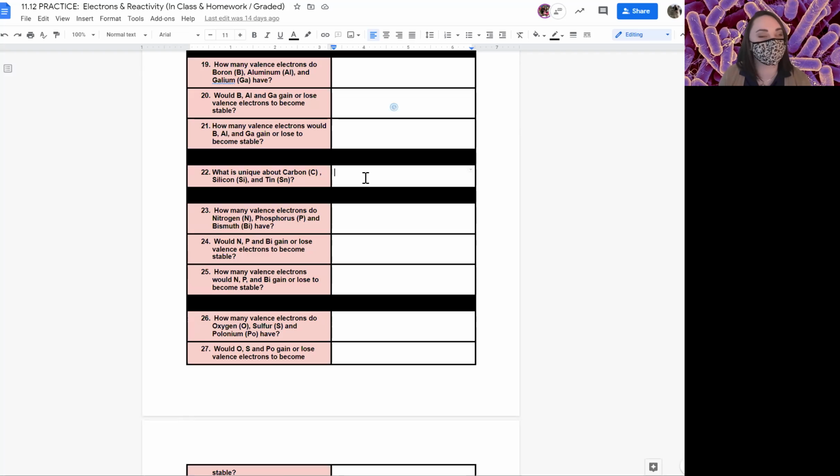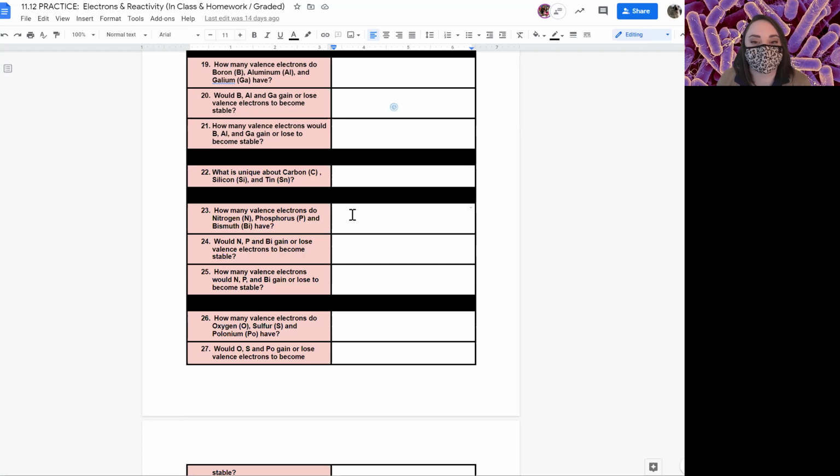And remember, when we're talking about these numbers, some of you may wonder why we have to lose or gain that many. Well, we need the outermost shell to be stable. If they have a big outer shell that can hold up to 8, I either need to get rid of everything in that shell, so the next one underneath it is full, or I need to fill it up with more valence electrons to equal 8.